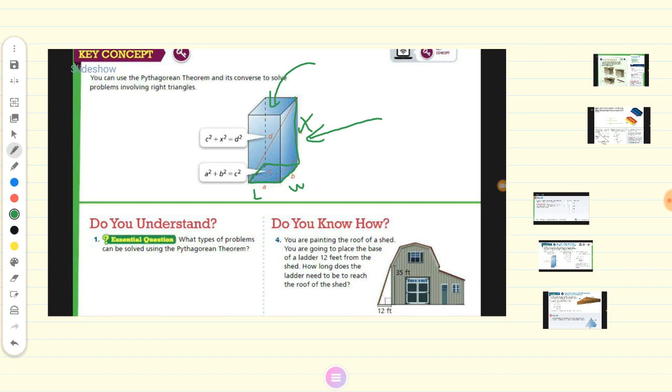The longest, actually, will be taken from the upper vertex to the farthest vertex. This is considered the longest way inside this cuboid. And to find it by using the Pythagorean theorem, we must find a right angle triangle.